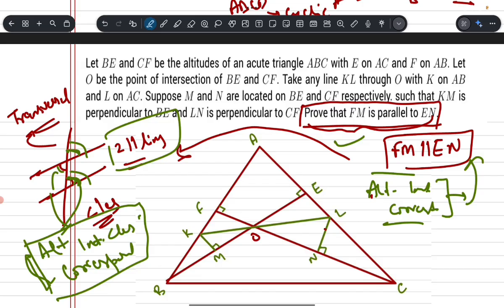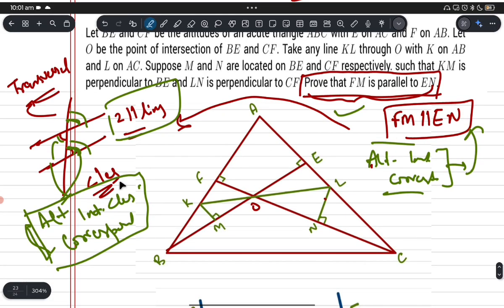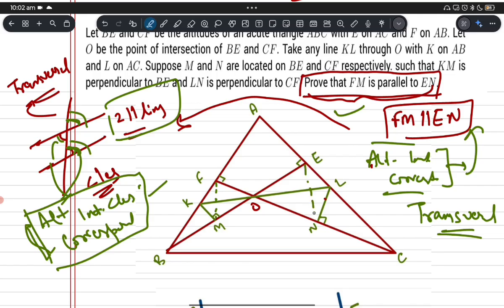Now, what's the first requirement in order to find these angles? I need a transversal, guys. Do we have a transversal? These are the lines that we are supposed to prove parallel. This is FM and we have EN, right? Notice that FN is acting as a transversal.